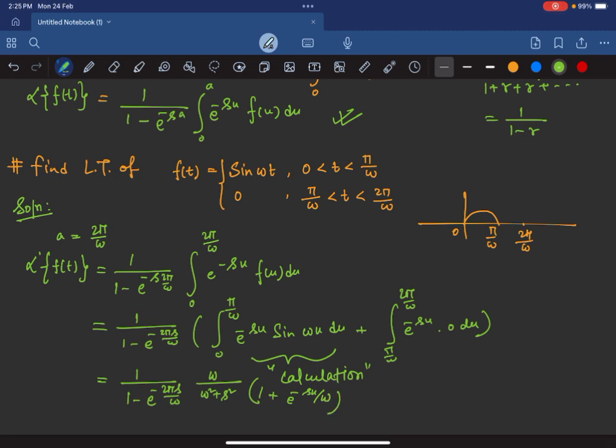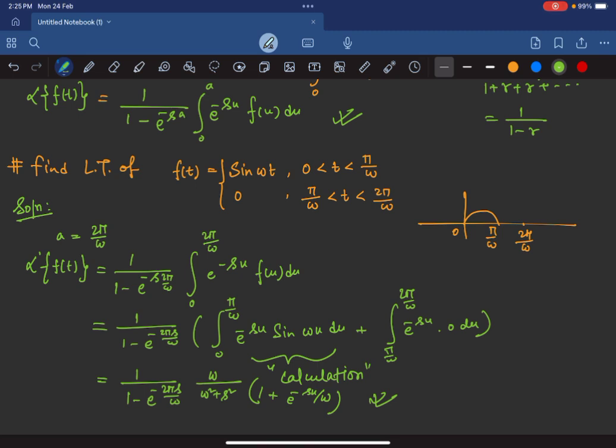So the Laplace transform of this you are going to get like this. You need to do the calculation.